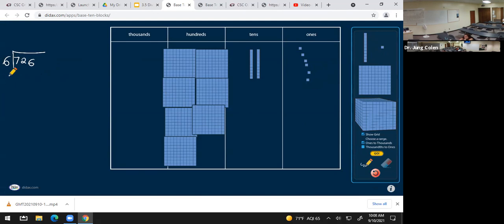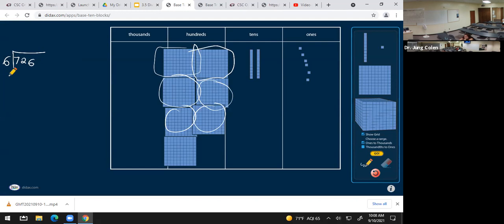So let's start from the hundreds. In the algorithm, we always start from the left-hand side, right? If I put 700 into 6 groups, how many does each group have? Let's see. I have 1 group, 2 groups, 3 groups, 4 groups, 5 groups, and 6 groups, right?